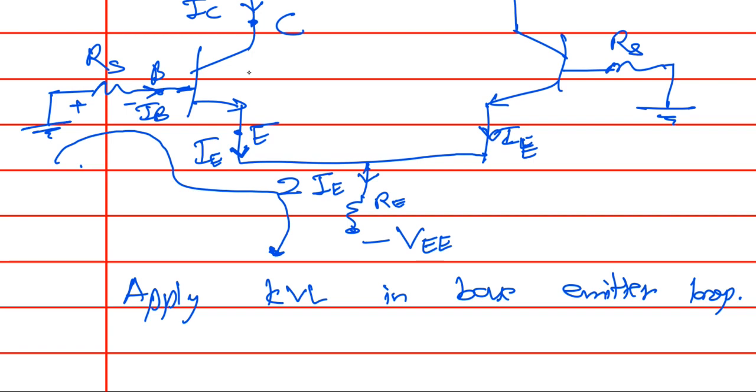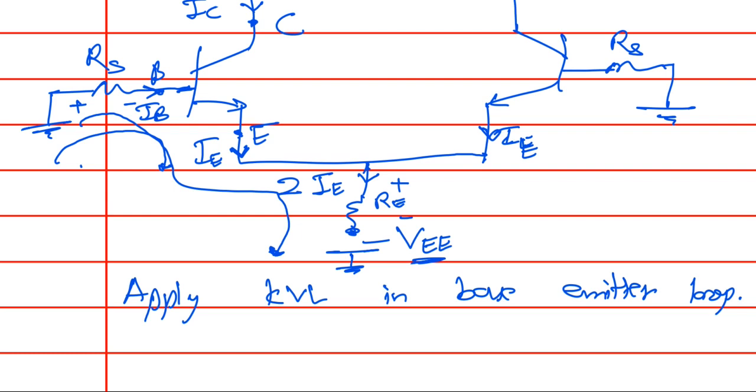Never forget this base to emitter voltage, because here we have a transistor, and the transistor has a base to emitter voltage as well. So don't forget this base to emitter voltage while applying the KVL equation. Okay, then here the current is flowing from plus to minus, 2 times the emitter current into RE, and here is minus VEE, which is with respect to the plus terminal, the ground. So now we are going from minus to plus when we come across this VEE.